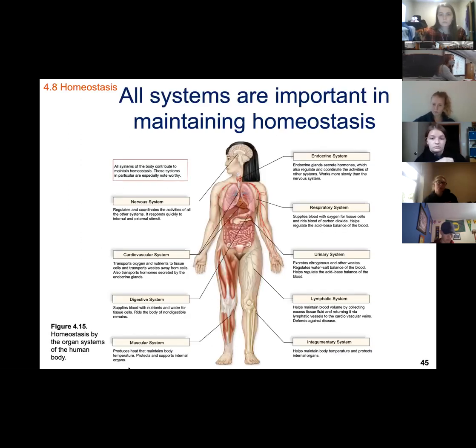Okay. All systems are important to maintaining homeostasis. You think simply of sweating helping to cool off your skin, but there's so much more and different steps to that. I really don't want to read each of these points to you, but figure 4.15 helps describe how all the systems work together. So the example of sweating: your skin may feel hot, but our body's main goal is to maintain the temperatures of our internal organs, mainly our lungs and our heart.